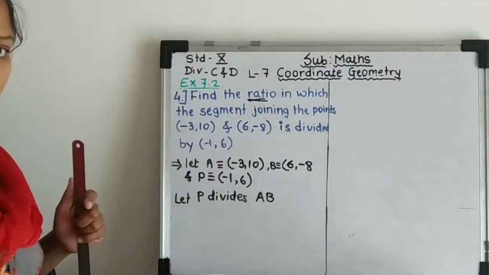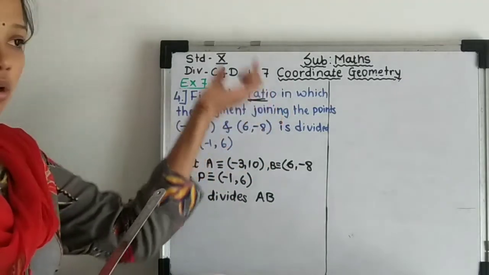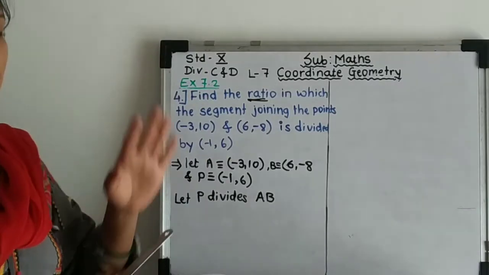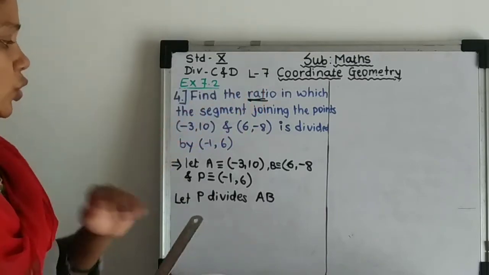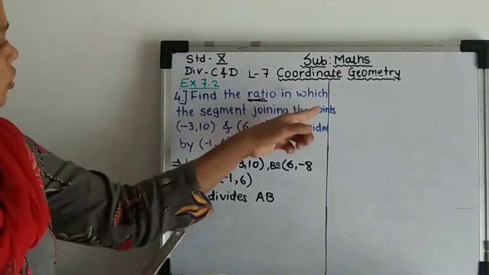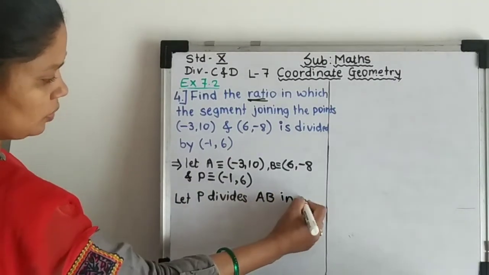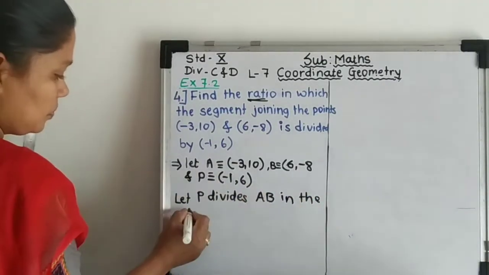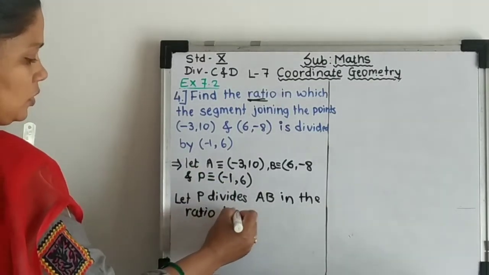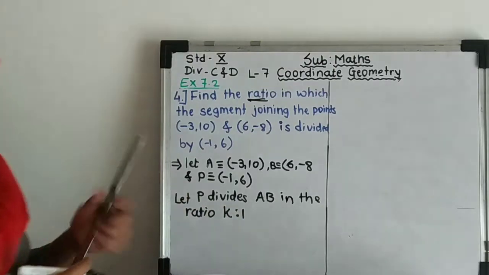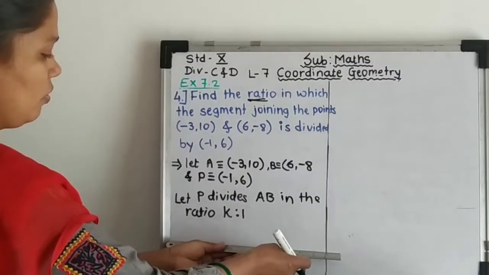And I told you in the beginning of this video only, whenever we are going to find out a ratio, at that time we will use the k:1 form. Right? So that ratio we are just going to take over here. So let us write it down here that AB in the ratio k:1. Understood this one? Now we will draw that figure over here.